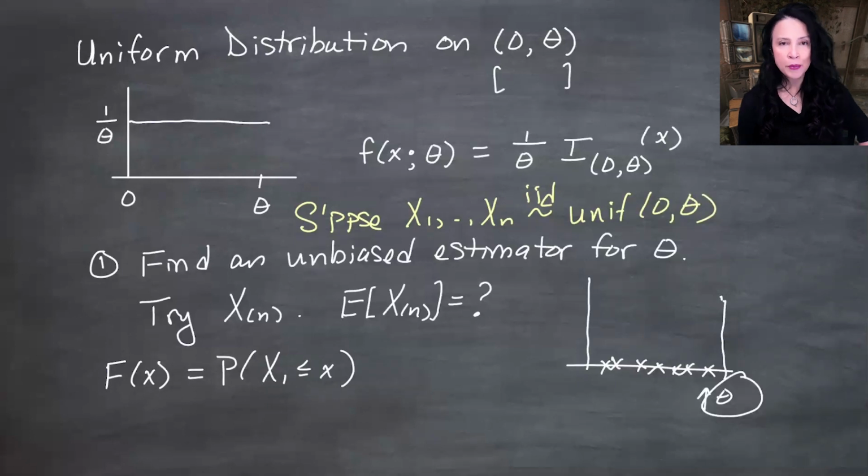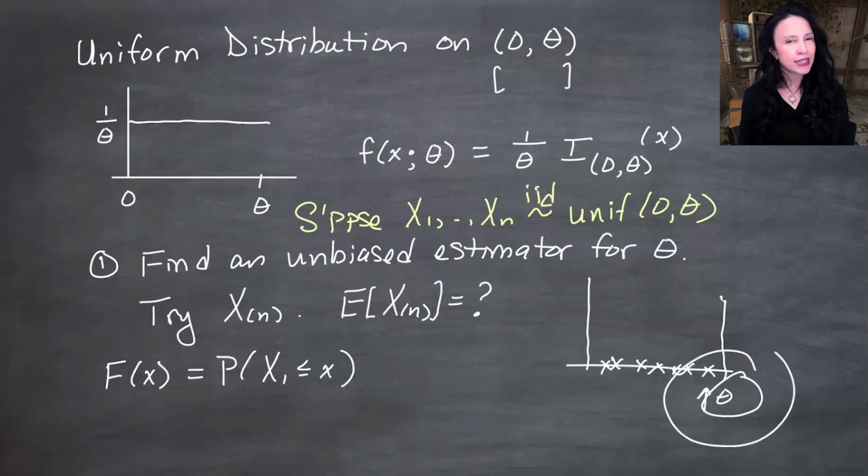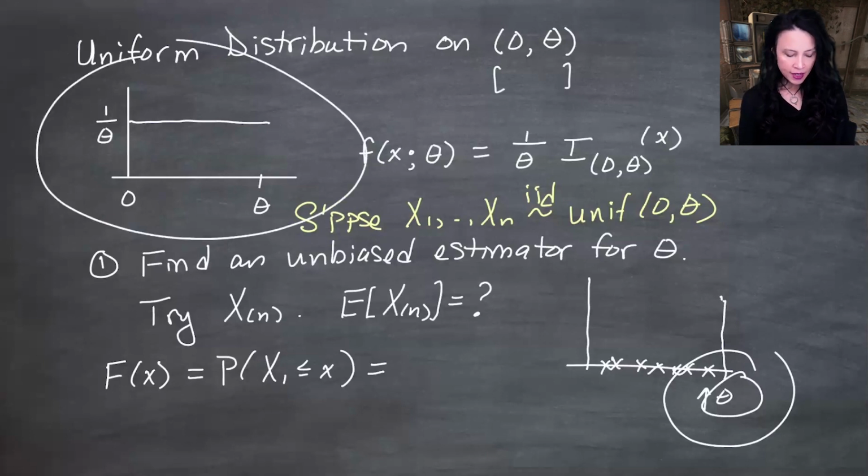So based on that sample, I want to come up with an unbiased estimator for theta. And I think it makes sense to look at the largest value in the sample for estimating the right endpoint of that interval. So this is continuing. This is the CDF or the PDF up here. And if you put down any x, you want the total area up to x.